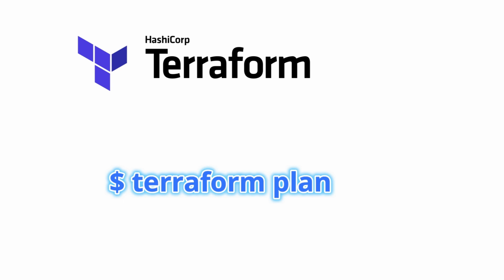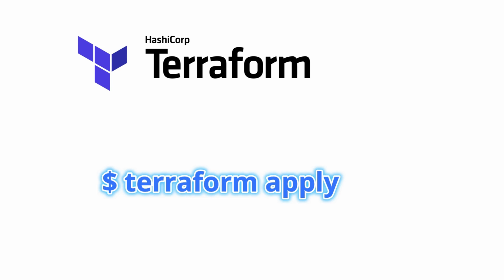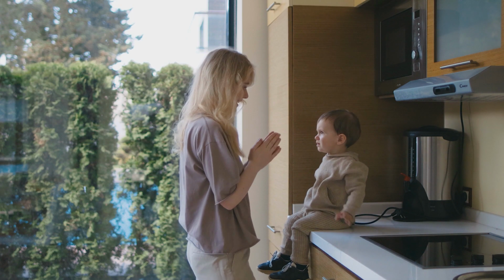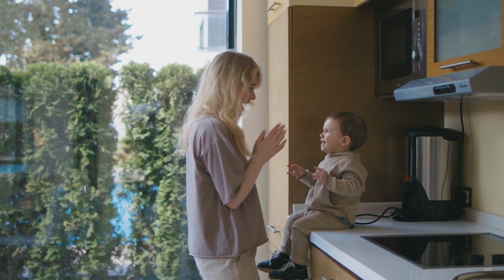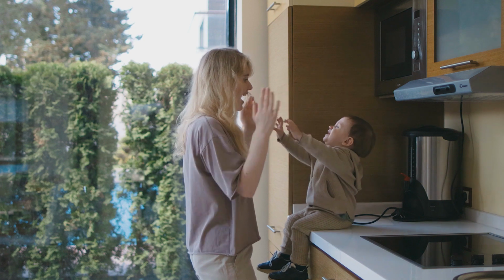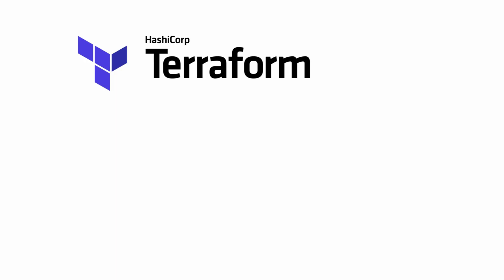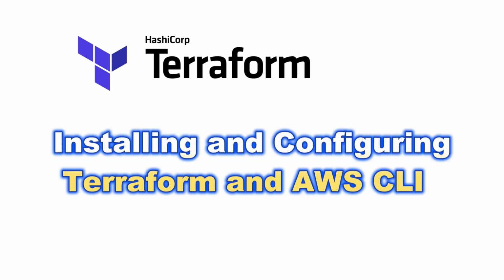At the end, you have to run the apply command to apply the changes to your infrastructure. So this was all about the introduction and basic key concepts of Terraform. In our next part, we are going to discuss how to install and set up Terraform and AWS CLI.